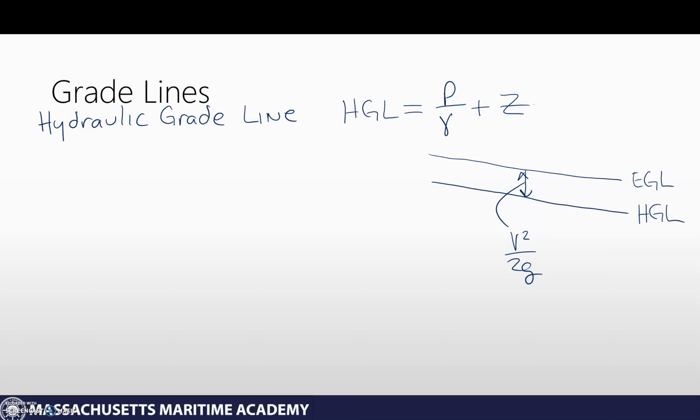But we can also use the hydraulic grade line to figure out which way the fluid is flowing. Because if HGL1 is bigger than HGL2, then the flow is going to move in the direction of falling hydraulic grade lines.